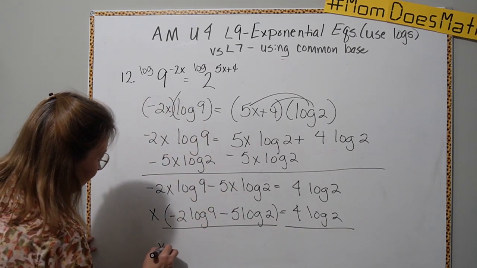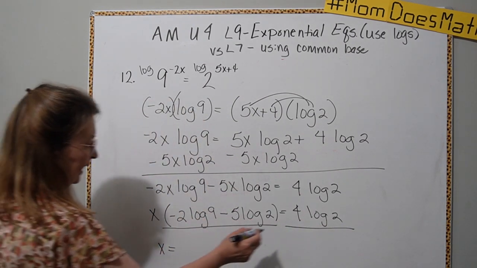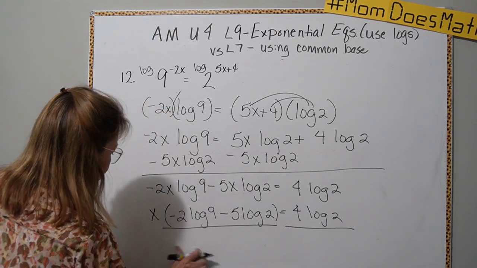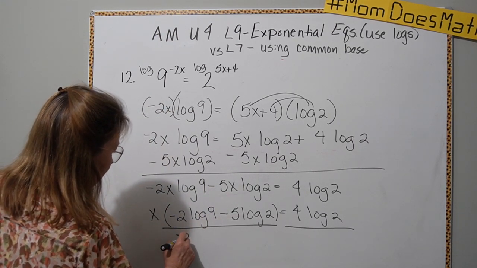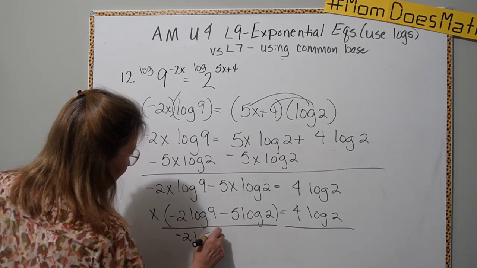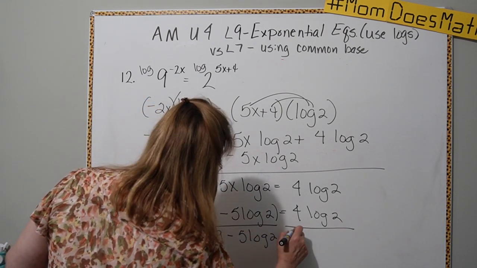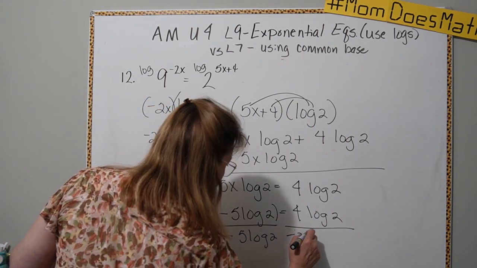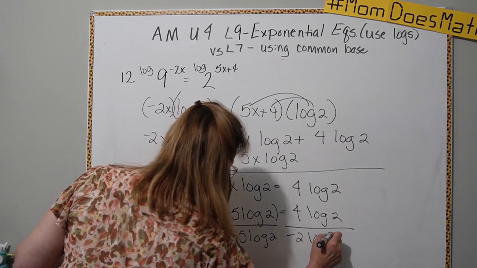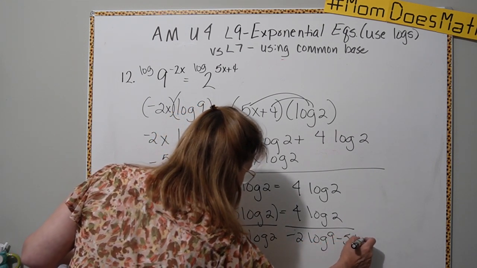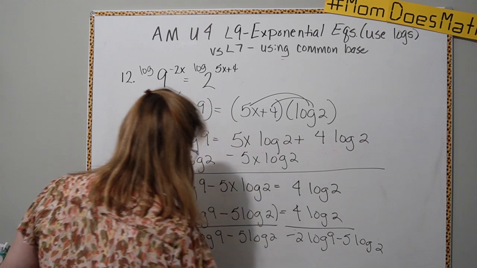So I'm going to have x equals, and I'm just going to, nope, I'm going to do it right. So I'm going to divide both sides by negative 2 log 9 minus 5 log 2, okay?